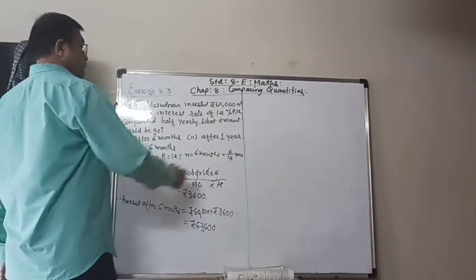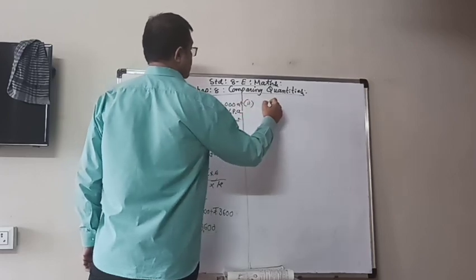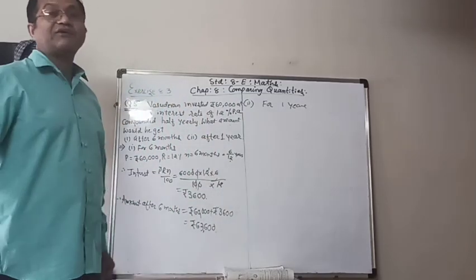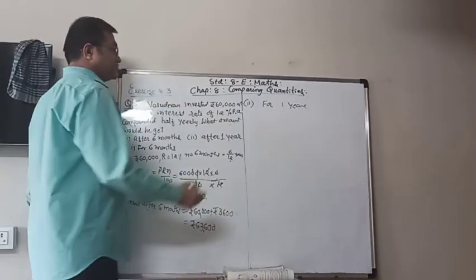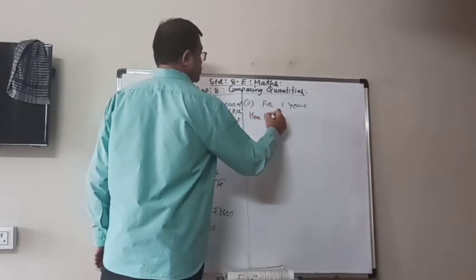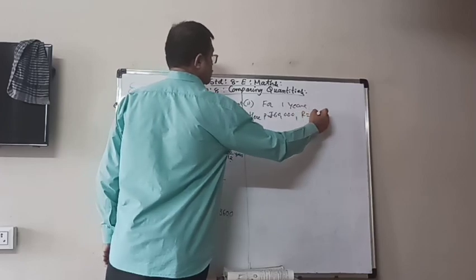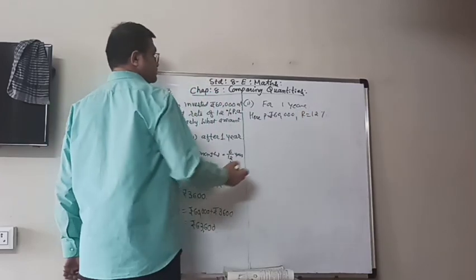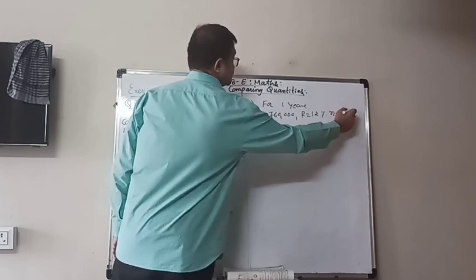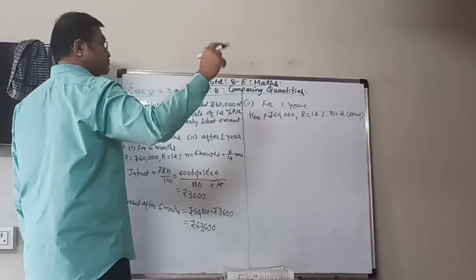So now for 1 year. Second, for 1 year, here we can directly find the compound interest. So here P is equal to rupees 60,000, R is equal to 12%, and N is equal to 2 times 2, because 6 months is 2 times in a year.